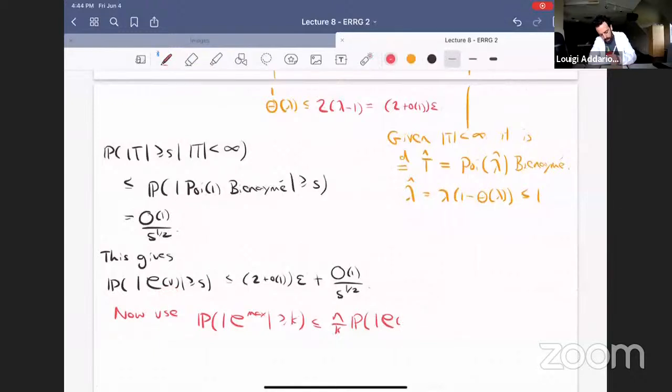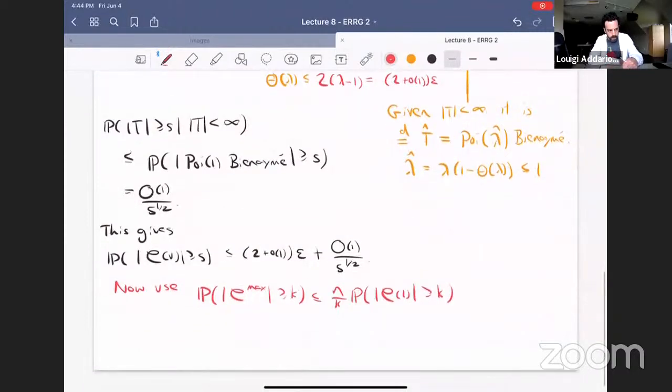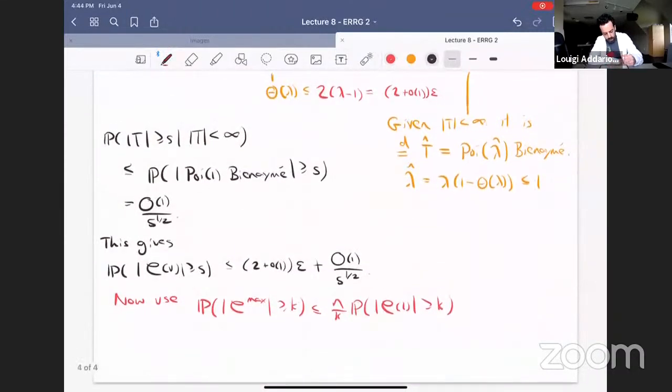So let's take v to be vertex 1 has size at least k, and that gives us the bound.